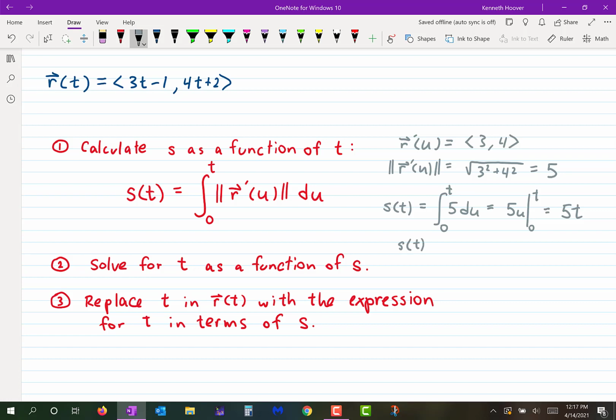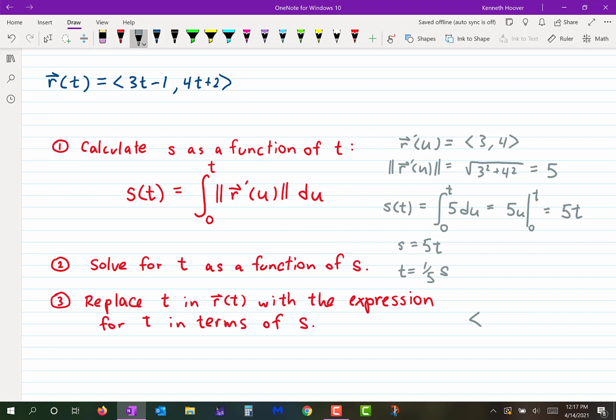S of t, well, let's not even write the of t this time. Let's just write s equals 5t. Okay, s equals 5t. So step 2, solve that for t, and we get t equals 1/5 s. Step 3, take your original function and replace t with 1/5 s.